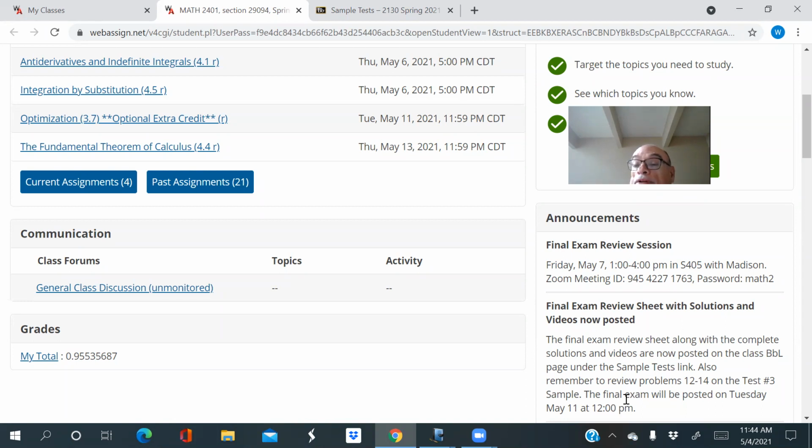So the final exam is comprehensive, but as I mentioned before, it's the nature of calculus, right, to be cumulative. So if you're here at the end of the semester and you're keeping up, then trust me, you'll be prepared for the final exam if you spend time going over these review sheets and reviewing your tests, right?